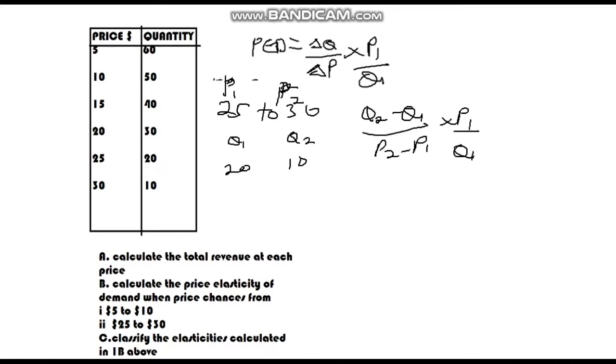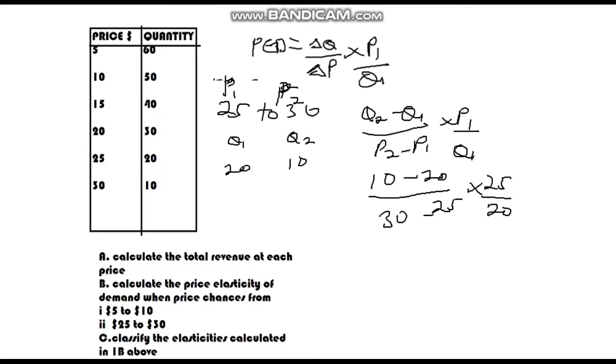So what is our Q2? Our Q2 is 10 minus what is our Q1? 20 divided by what is our P2? P2 is 30 minus what is our P1? 25 times what is our P1 again, 25, divided by what is our Q1, which is 20.